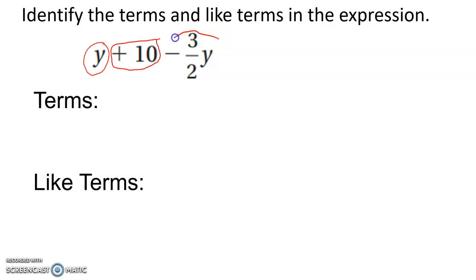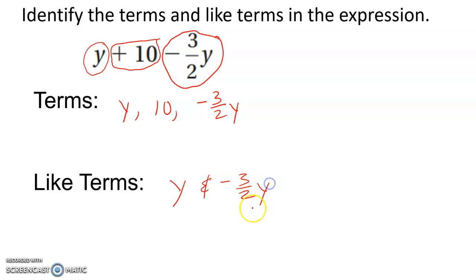This one right here, since it has a minus there, I treat it as a negative 3 over 2y. So our terms would be y, 10, and negative 3 over 2y. Those are the terms. There are 3. Now, like terms, I see 2 of them that have a y. So the like terms would be y and negative 3 over 2y.